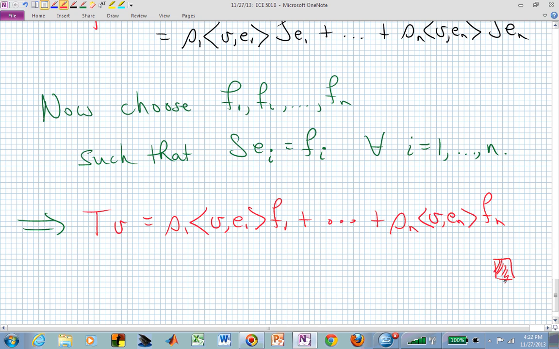And that's what we said our singular value decomposition was, this expression. So let's now make some comments based on that particular result, that theorem. We now have two sets of basis vectors, E1 and F1, on the same vector space.